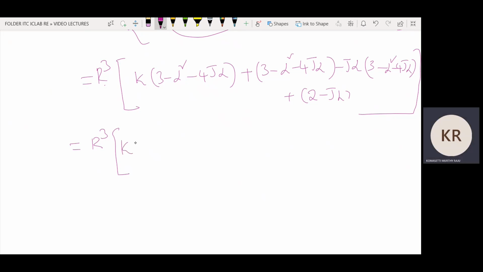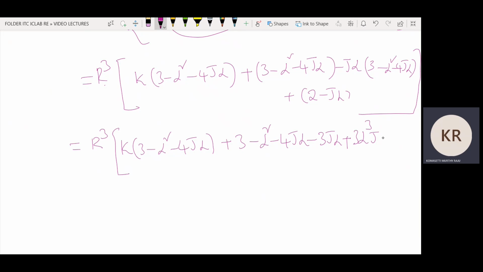k into 3 minus alpha square minus 4j alpha, 3 minus alpha square minus 4j alpha, minus into plus minus 3j alpha, minus 3j alpha cube, minus into minus plus, j into j square.